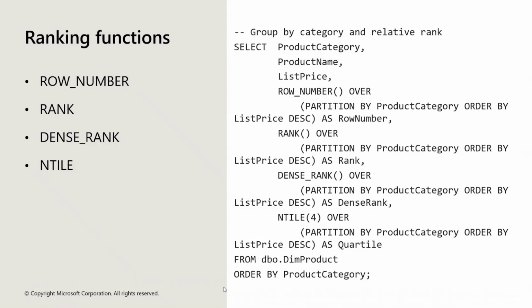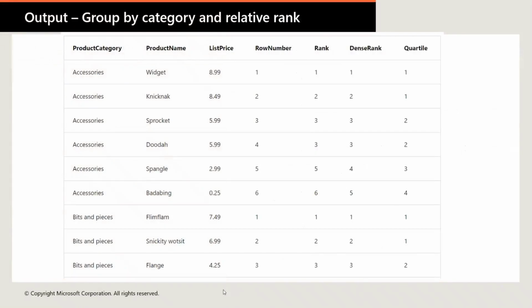So let's look at the result of this query where we are using the ranking functions like row number, rank, dense rank, and ntile. So we are getting the output which is grouped by category and relative rank.